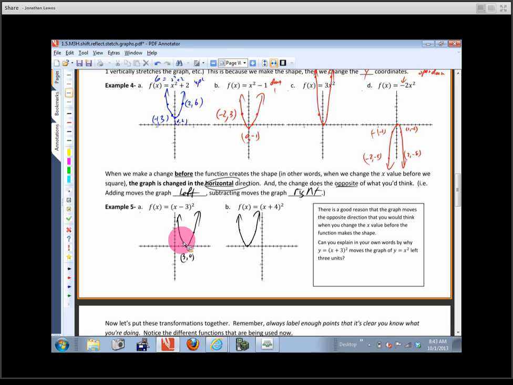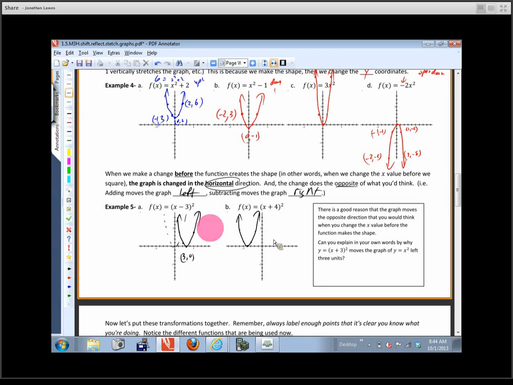So think of it this way. When you plug in a number, the very first thing we do with it is we subtract 3 from it. We slow it down by 3 units. So where it normally comes down and makes the shape and hits that turning point at 0, subtracting 3 slows it down and it makes it 3 units later than it normally would. Does that make sense? What happens when we add 4 to it?